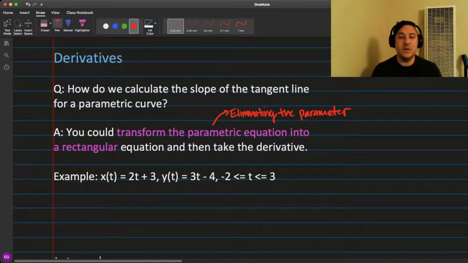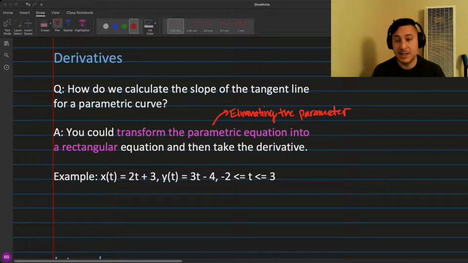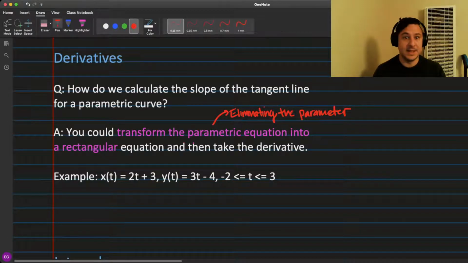Okay, so what you could do is take your two parametric equations, eliminate the parameter, get a rectangular equation, and then take the derivative. Okay, so let's do that as an example.